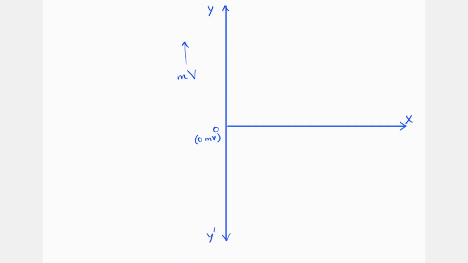And if you remember, the RMP is minus 70 millivolt. This is the RMP. I'll draw another line across the RMP right here, parallel to that, and let's make it a dotted line.